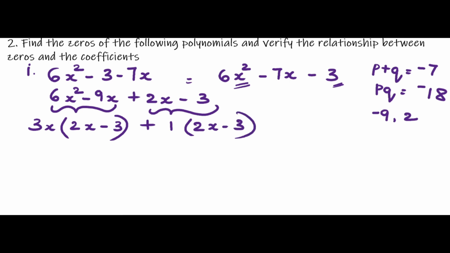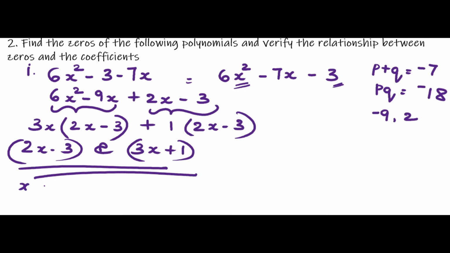So I got the factors as 2x minus 3 and 3x plus 1. 2x is equal to 3, x is equal to 3 by 2, and here x is equal to minus 1 by 3. Now your zeros are 3 by 2 and minus 1 by 3.